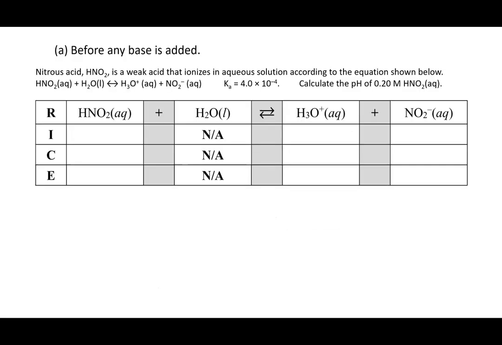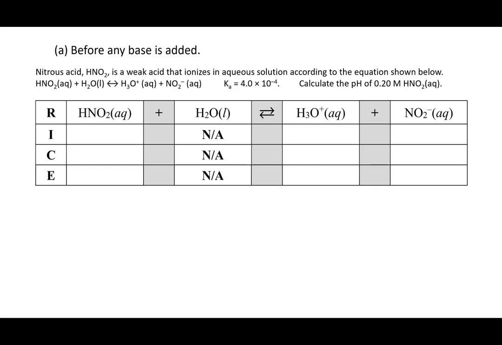So in the first case, before we add any base, what's the pH of this weak acid? We have nitrous acid, HNO2. You recall HNO3 is a strong acid, but HNO2 is not.